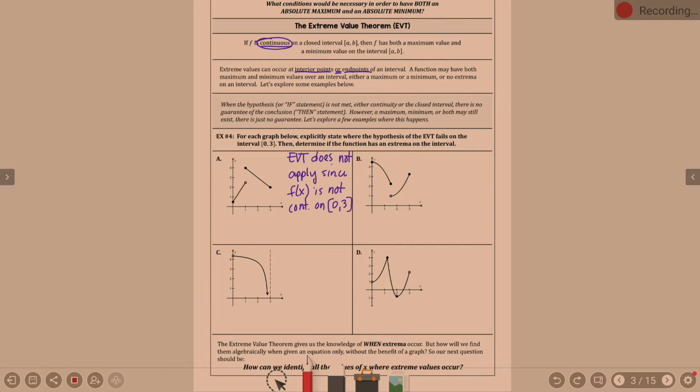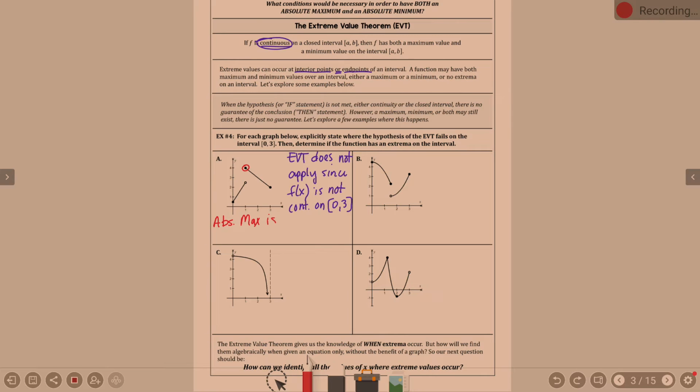Now, when we talk about EVT, it's talking about basically absolute max and min. So what do we have in the way of absolute max and absolute min? Which one do you want to start with? There's an absolute what? Max at where? Yep.